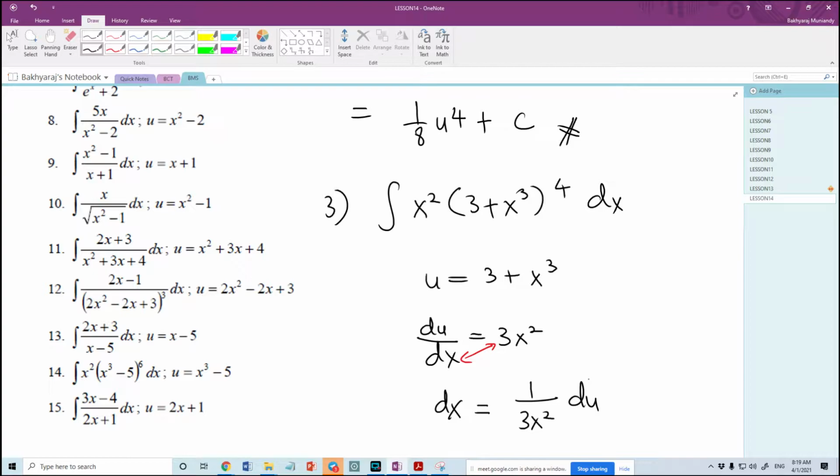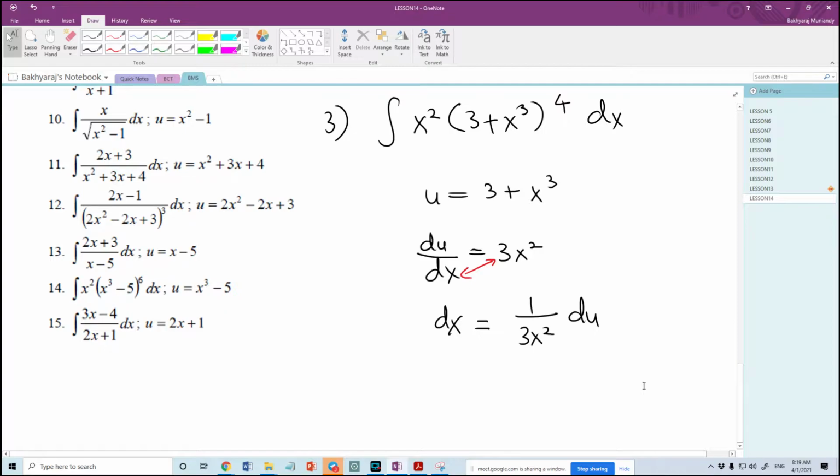Okay, so once we get the term of dx, now we can start for the substitution. So integrate x square. Because x square you cannot substitute anymore, you just follow the formula. The u is just 3 plus x power of 3, so x square is just following, and then 3 plus x power of 3 is u power of 4, and then dx replace with 1 over 3x power of 2 du.